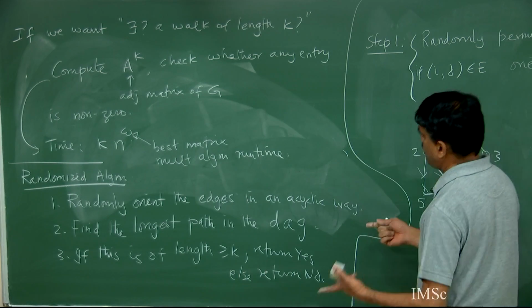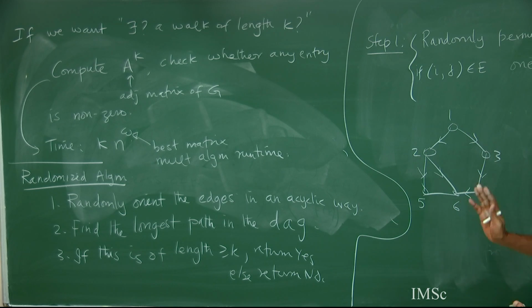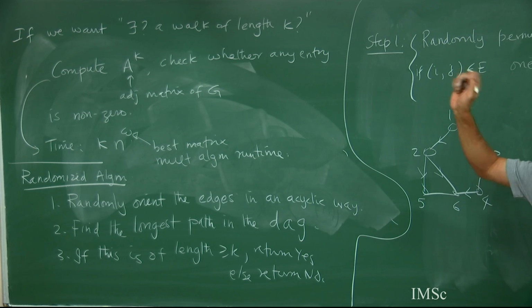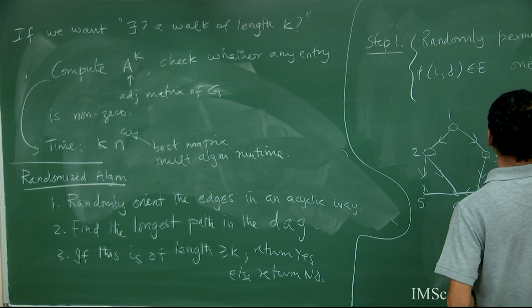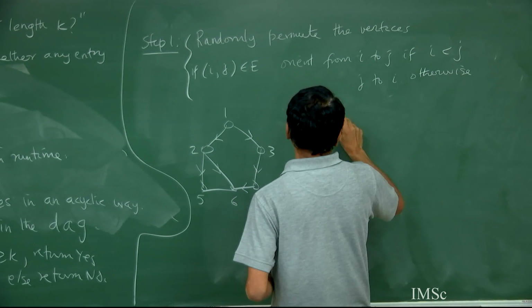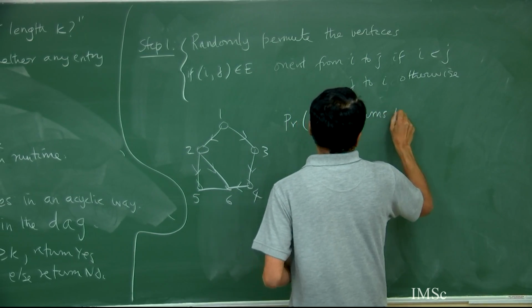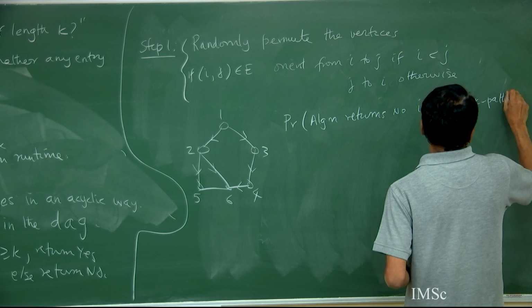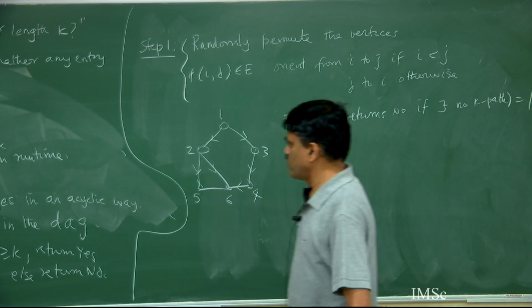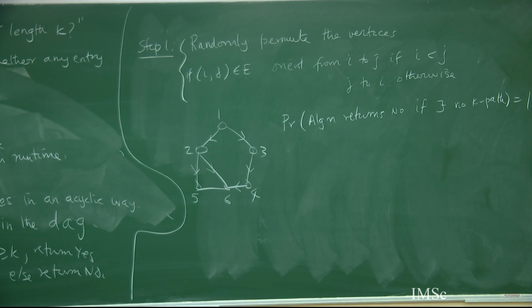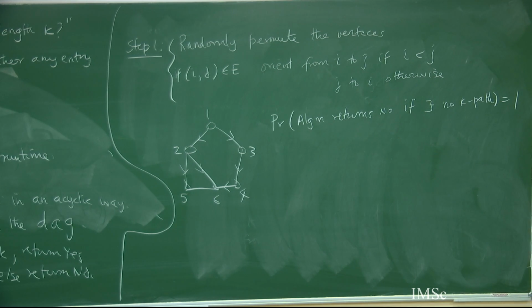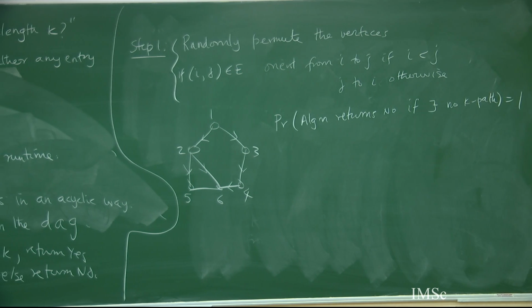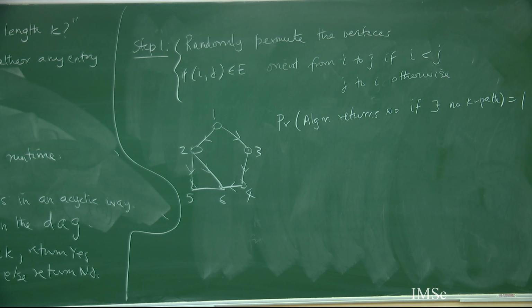So, again, all the algorithms you have seen are one-sided error, right, because if the answer is no, it will always say no. So, the probability that the algorithm returns no if there exists no k-path is 1, because your longest path in the DAG cannot be of length greater than or equal to k, because any path in the directed acyclic graph is a path in the original graph. The original graph does not even have a path of length at least k, so this one will not have.